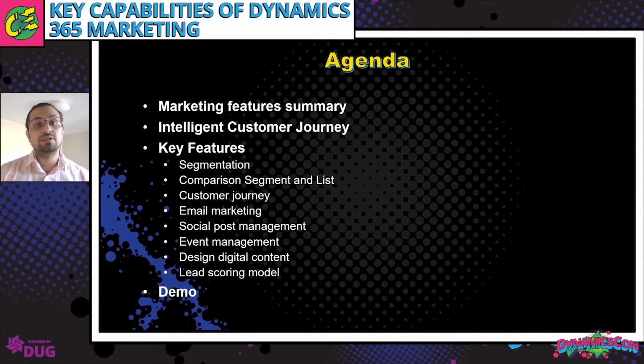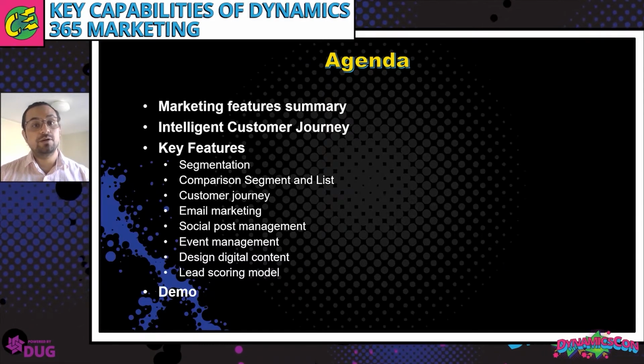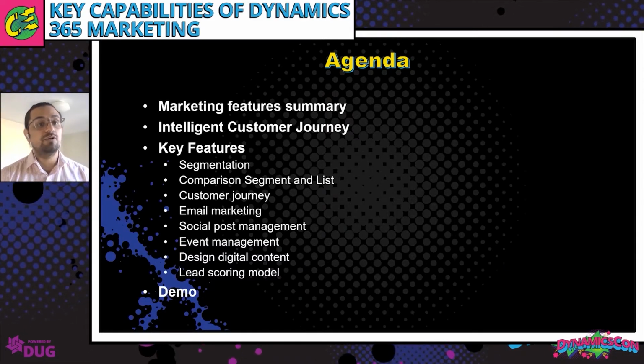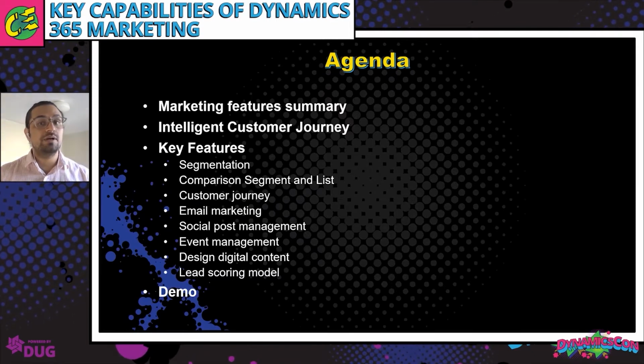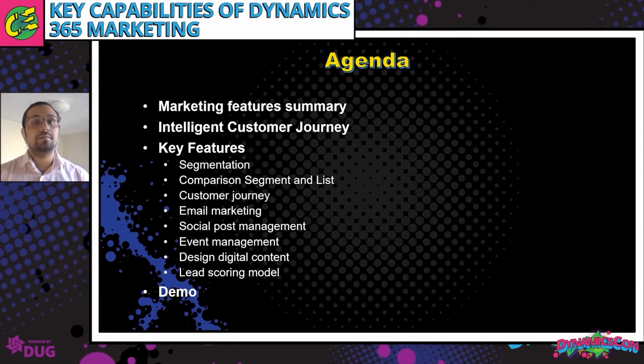Then we'll talk about the lead scoring model, how you can define it, and then we'll do a quick demo. After the demo, I'm going to give you a quick overview of the Wave 1 2021 release, great features we have recently added in marketing.